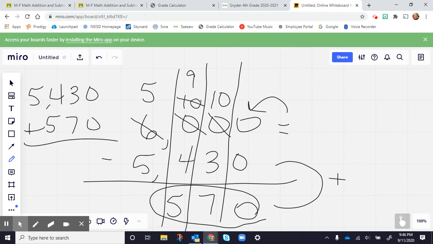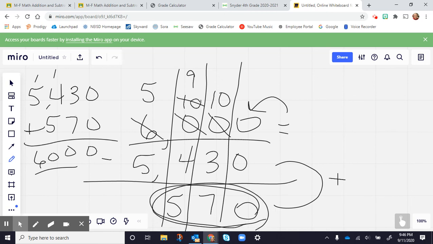We're going to add them to check. 0, 0, 0. 7 plus 3 is 10. 4 and 1 is 5, plus 5 more is 10. And 5 and 1 is 6. So there's the 6,000. Here's the 6,000. Those numbers match. So I know that I did it correctly, meaning 570 is my answer.